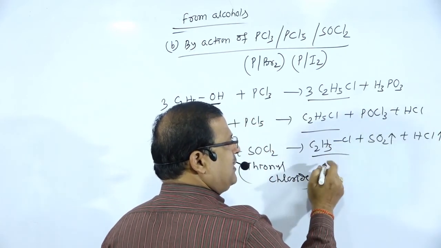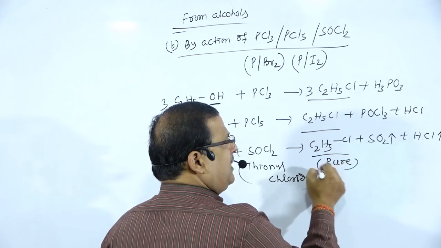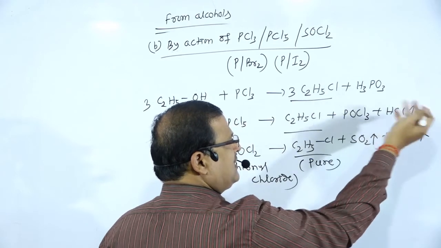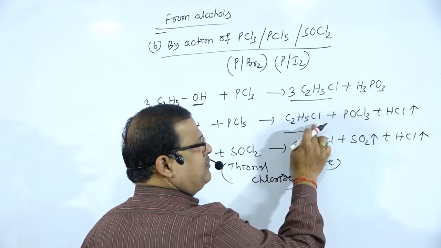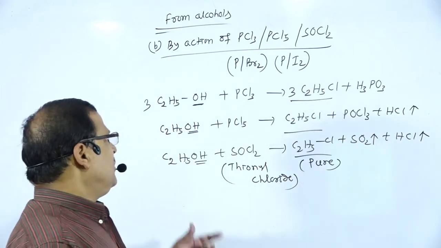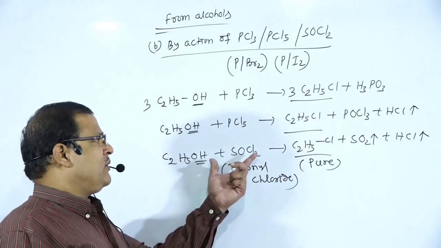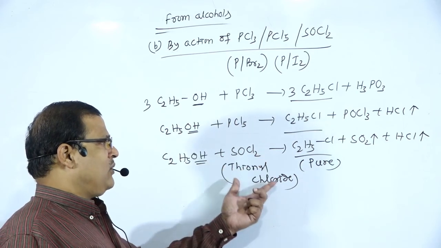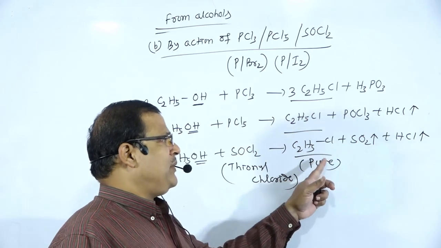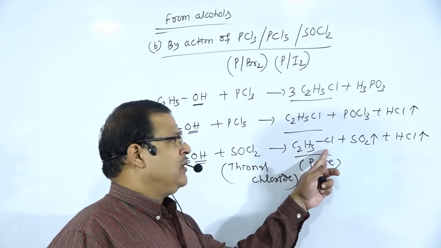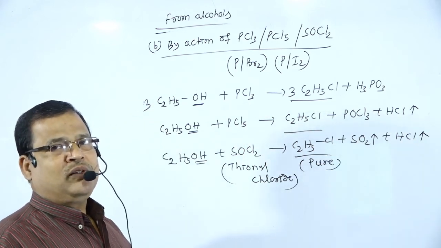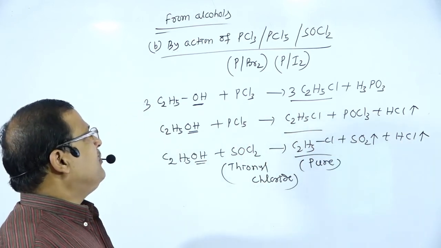So this is the pure one. But in the PCl5 case, POCl3 remains as an impurity, while HCl is removed as gas. In the PCl3 case, H3PO3 remains as an impurity. So when ethyl alcohol is treated with SOCl2, the OH group gets replaced by Cl and pure ethyl chloride is produced, because SO2 and HCl are removed in the form of gas. So this is regarding methods of preparation.